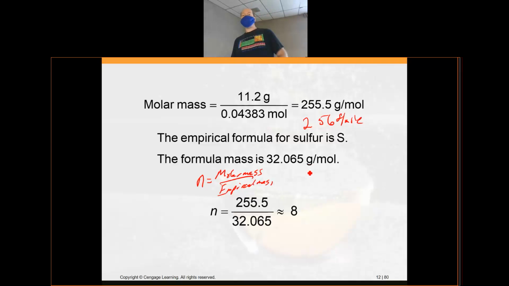The molar mass, we just saw, was 256. The empirical mass for 1 sulfur, which was in the question. We are doing the boiling point elevation of sulfur. So divide that by 32 and you get 8. And so your formula is S8.